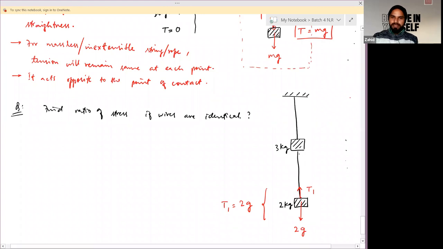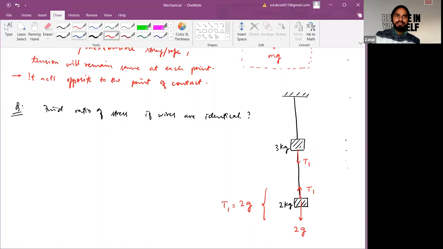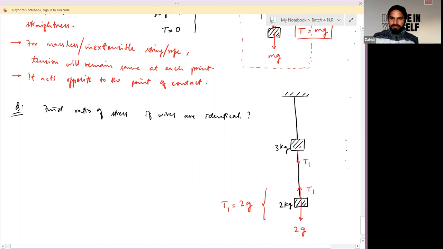Okay. Similarly, you may draw at its top point, tension will be T1. Now, for the second block, as its mass is 3 kg, there will be a force in the downward direction, mass times gravity. And at this point of contact, tension will be T2, since strings are different.